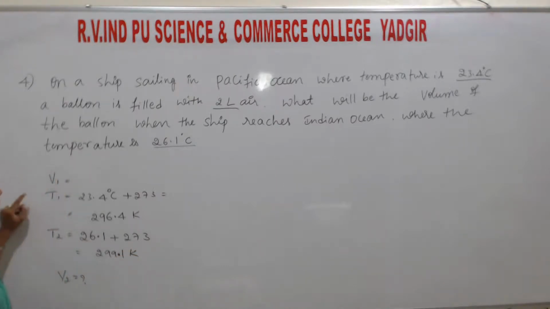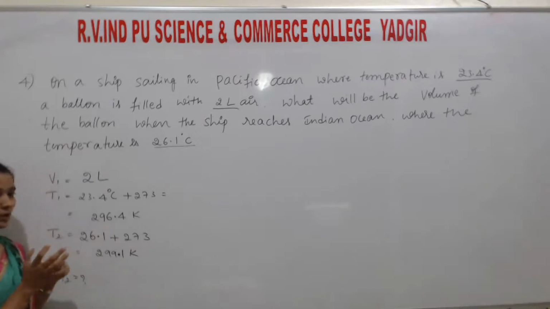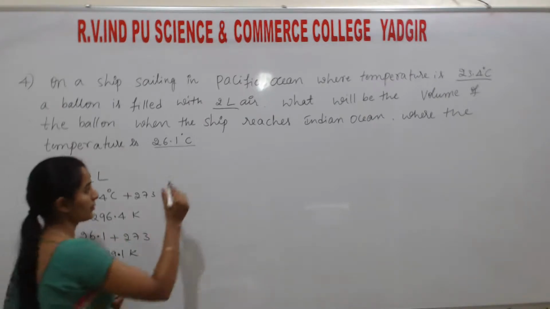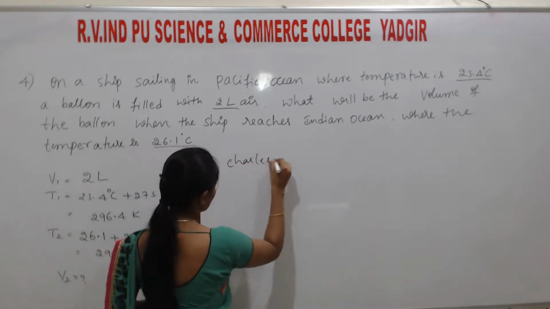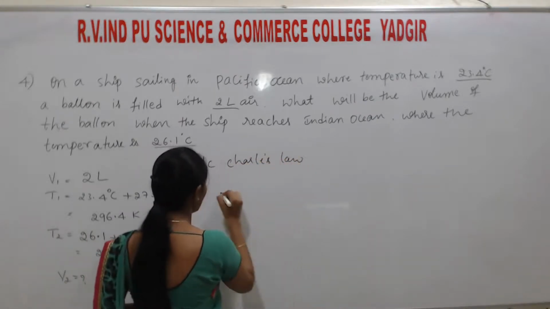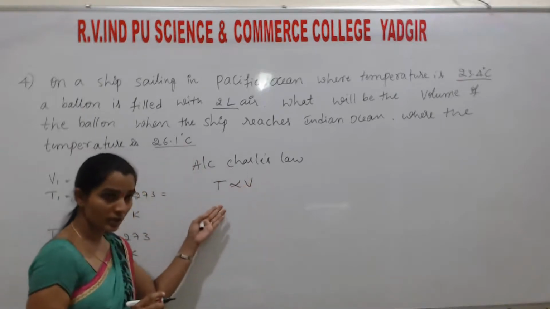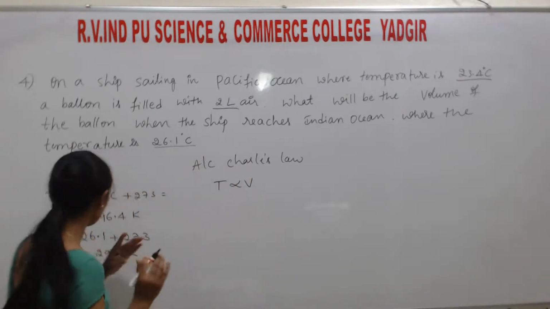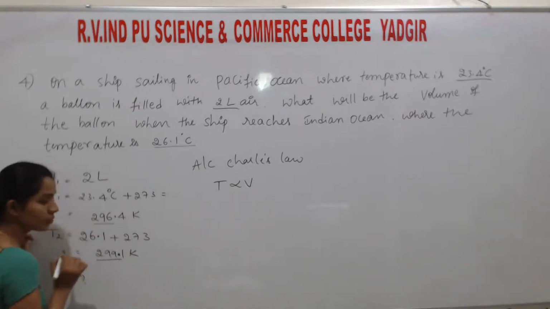Okay? V1 is given as 2 liter. Students remember, according to Charles' law, T is directly proportional to V, which means if temperature increases, volume increases. Here T1 is 296, T2 is 299.